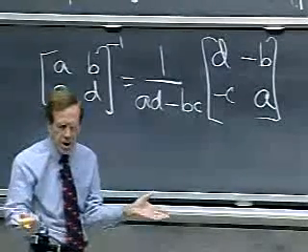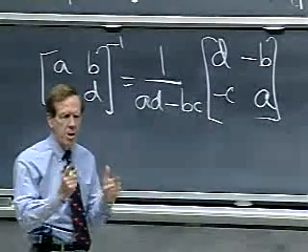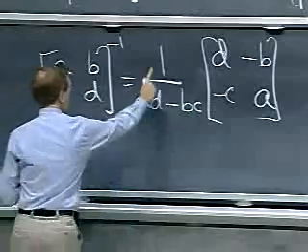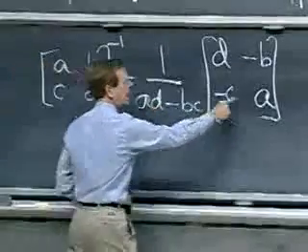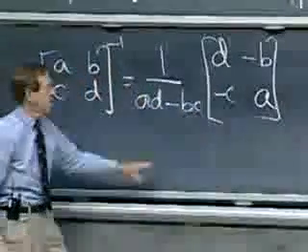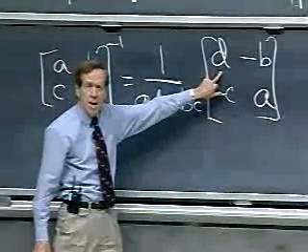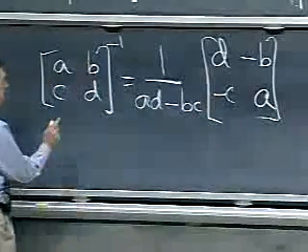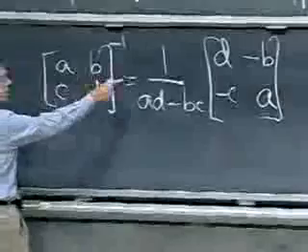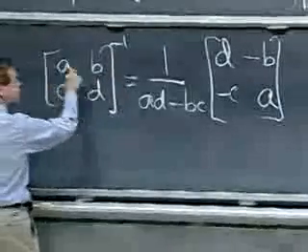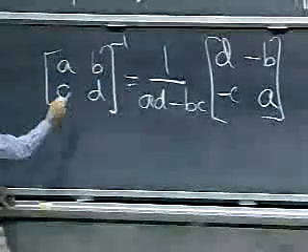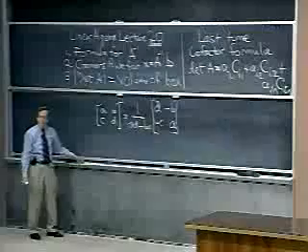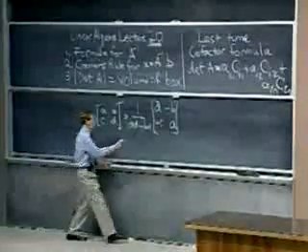My formula for the inverse is going to be 1 over the determinant times a matrix of cofactors. So you remember that D, what's that the cofactor of? If that's the 1, 1 cofactor, because if I strike out row and column 1, I'm left with D. And what's minus B?